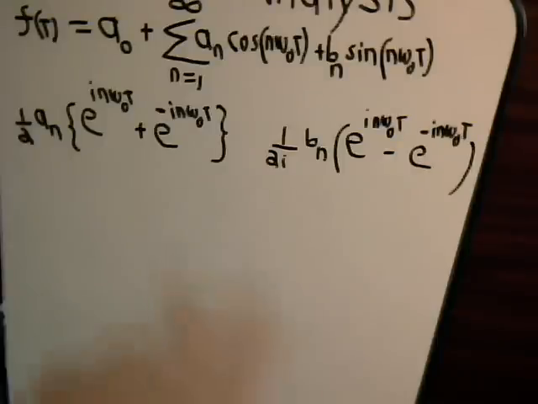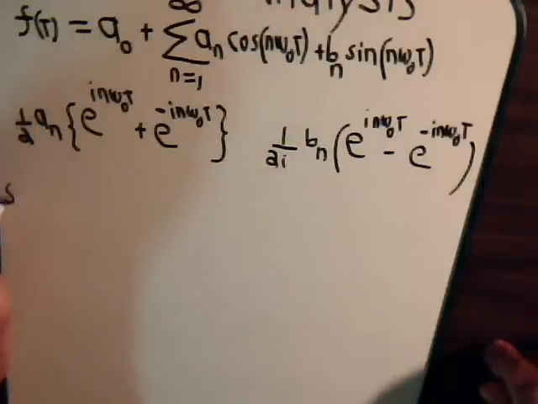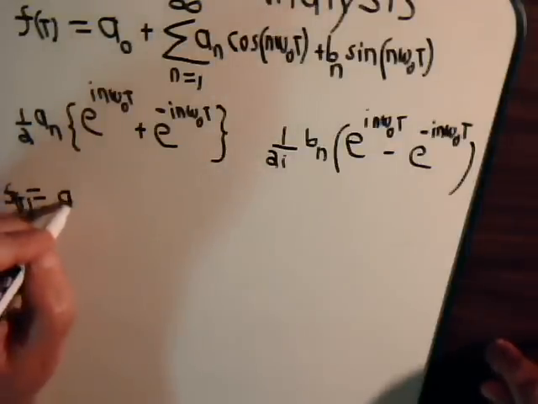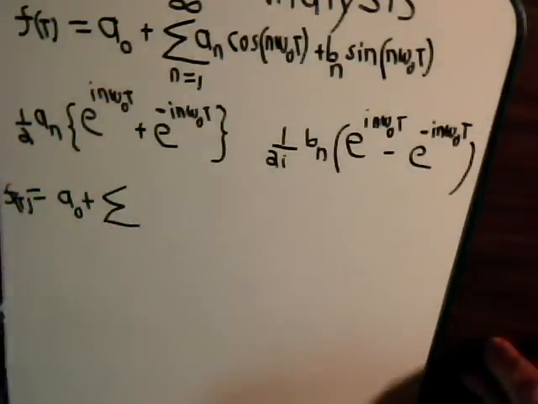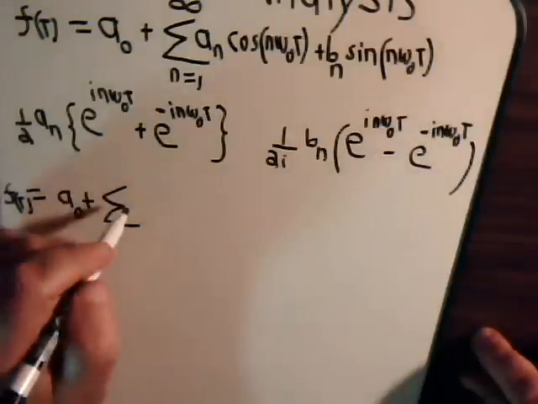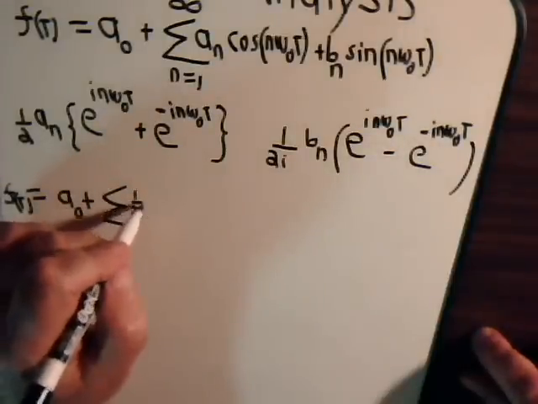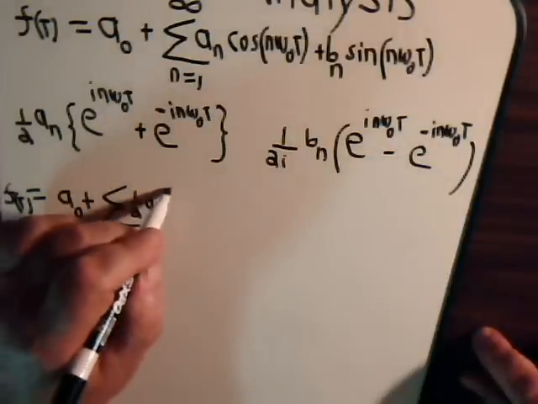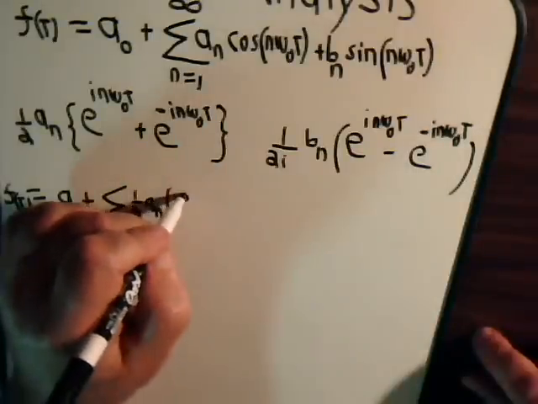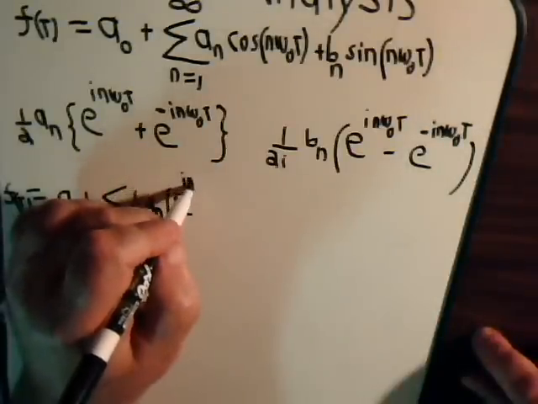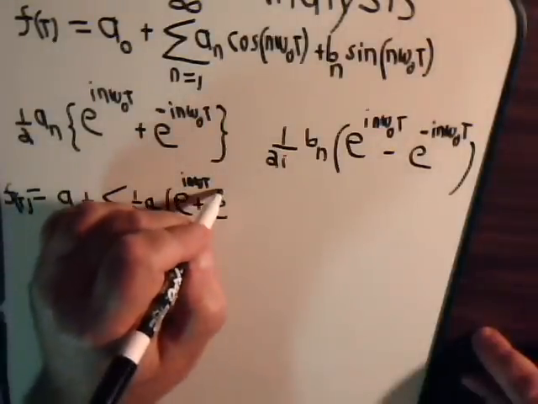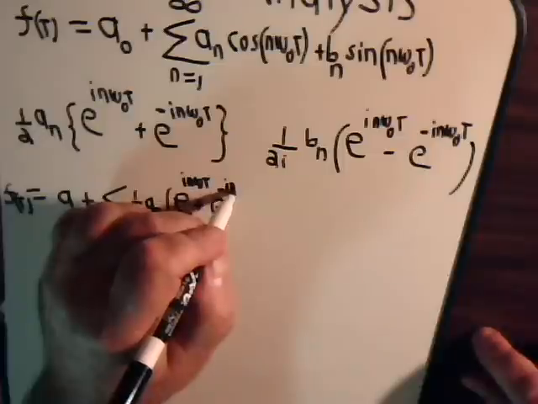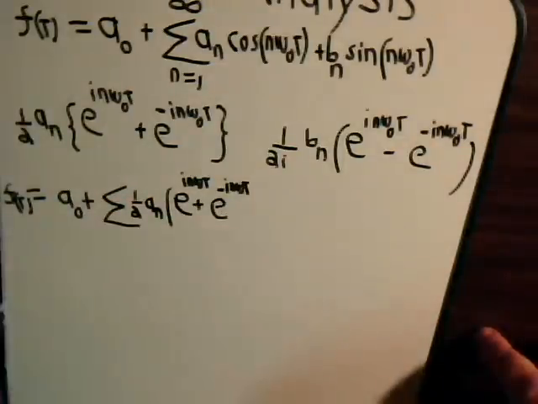Then we would have f of t equals a naught plus this sum, where here we have 1/2 a n times e to the I n omega t plus e to the minus I n omega t.